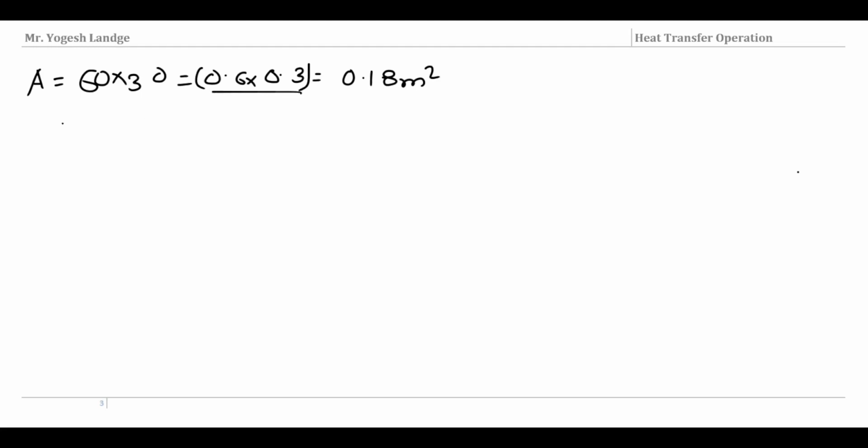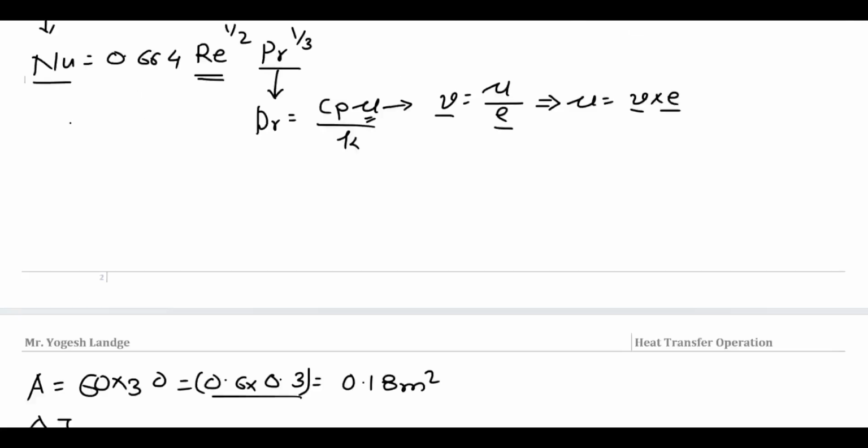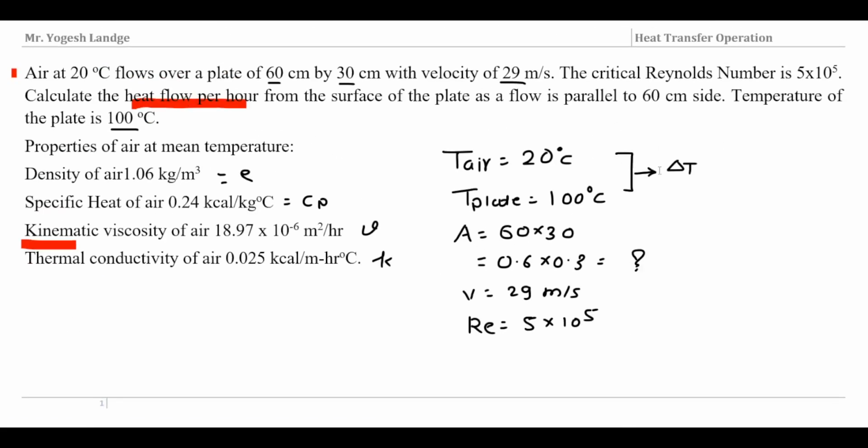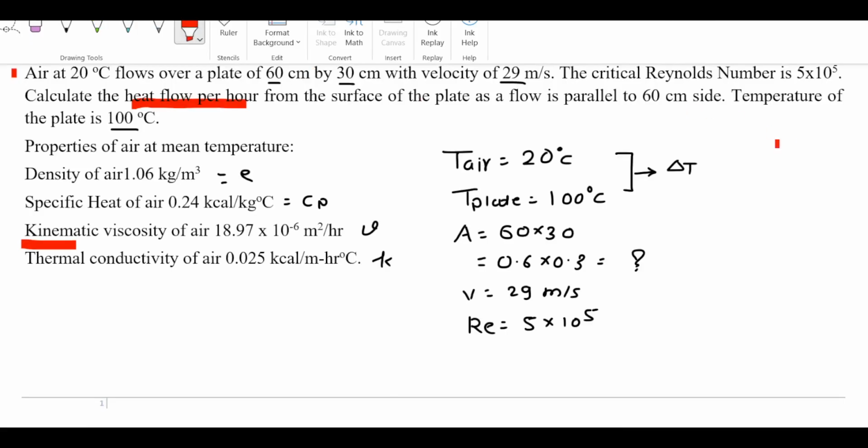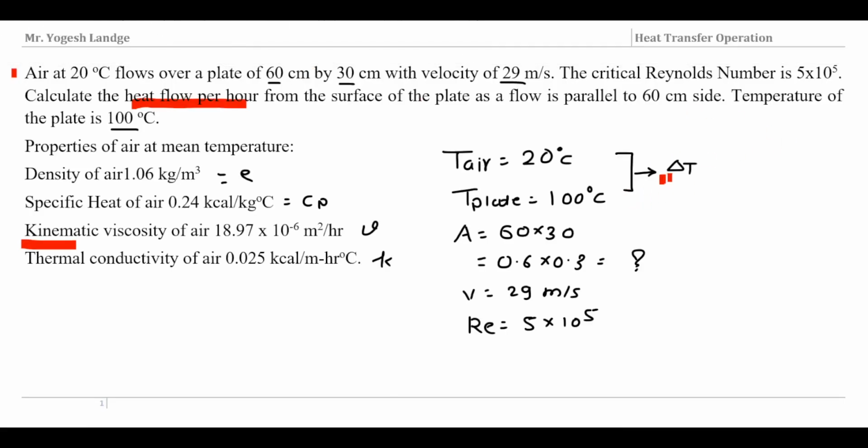Next, delta T. As I mentioned in the first case, we can calculate this delta T with the help of these two temperatures, the temperature of the plate and the temperature of the air.